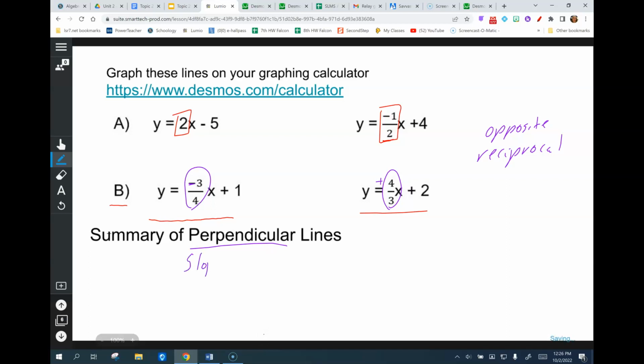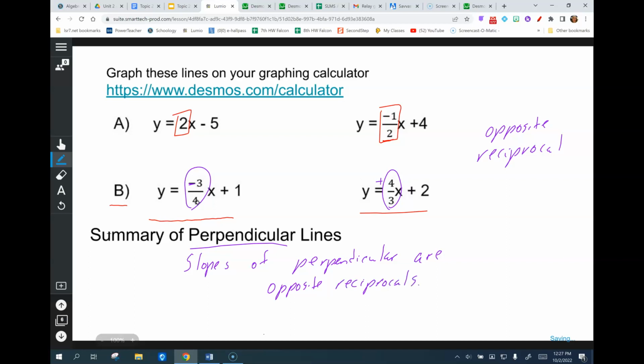Slopes of perpendicular lines are, some people will say opposite reciprocals, some people will say negative reciprocals. Opposite means opposite signs.